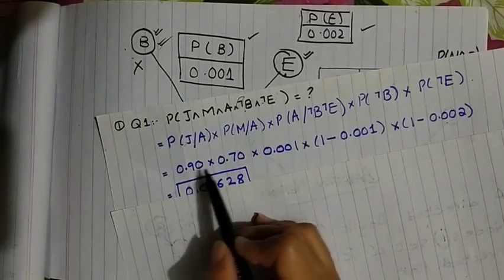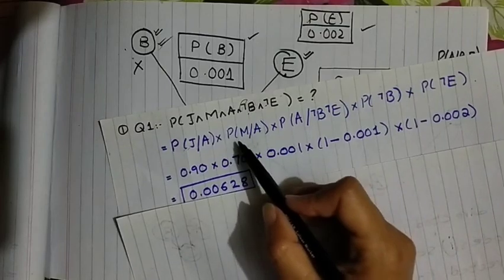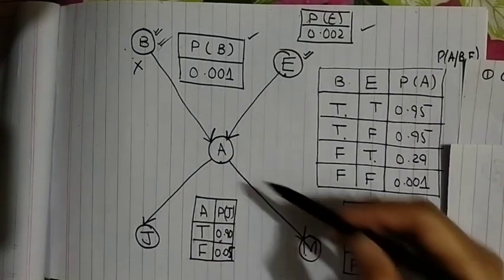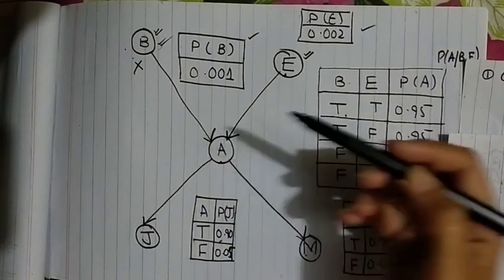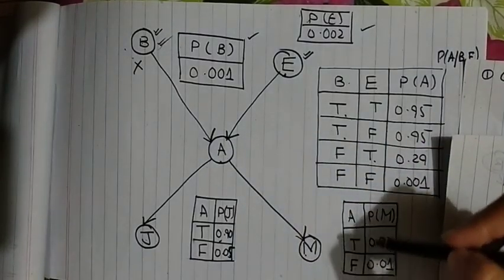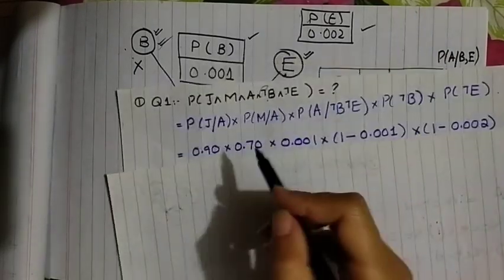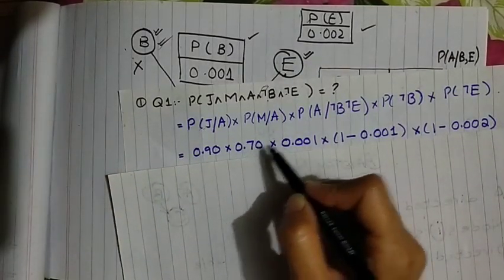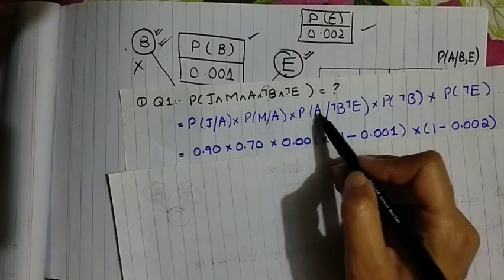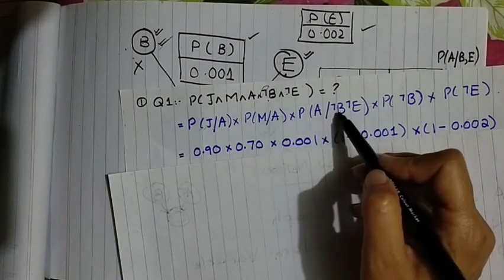So here it is 0.90. Same would be the case for Muhammad, and the condition of alarm has rung was true, so that is 0.70. So here I got this, it's 0.70, and then into probability of a given that not b and not e.